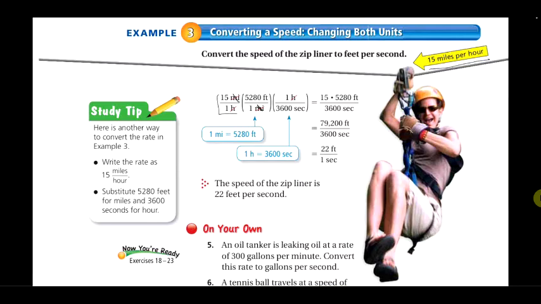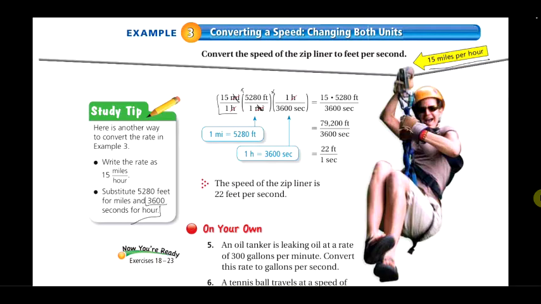And then we have to go from hours. You see how hours is on the bottom. So a conversion from hours to seconds is, you see here, 3,600 seconds for 1 hour. So they wrote that conversion factor there as well. So in between here we have multiplication and multiplication, tons and tons of multiplication by these fractions.